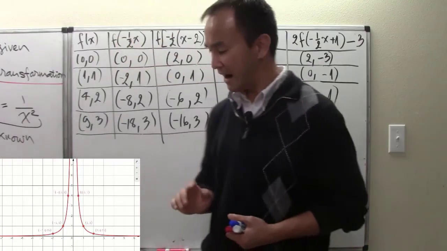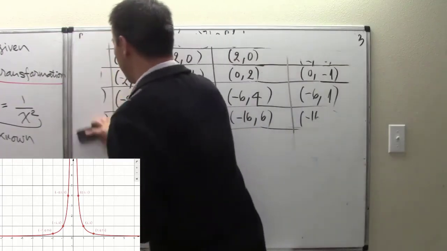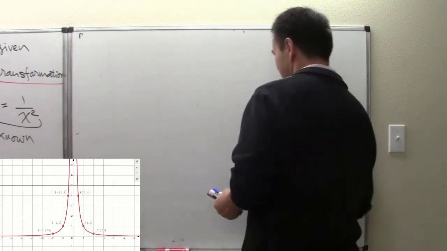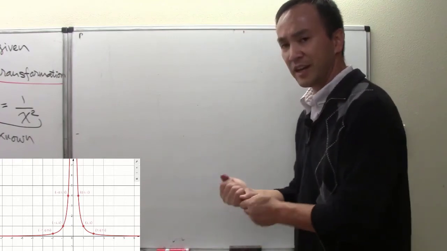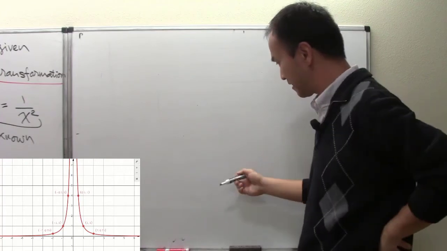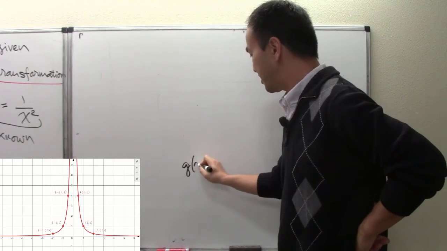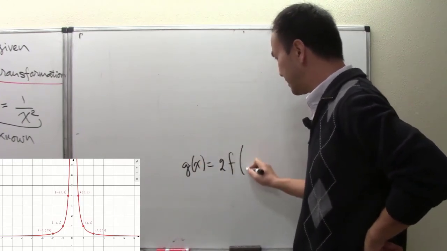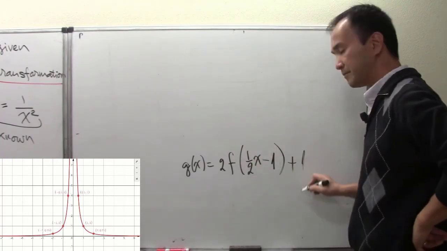All right, and so now after seeing the graph, allow me to spend some time erasing this board that I've worked from with the earlier problem. Again, we will be constructing the table, but at this point, g of x is known as 2 times f of 1/2 x minus 1, and then plus 1.